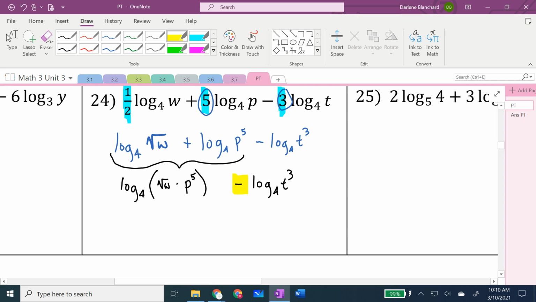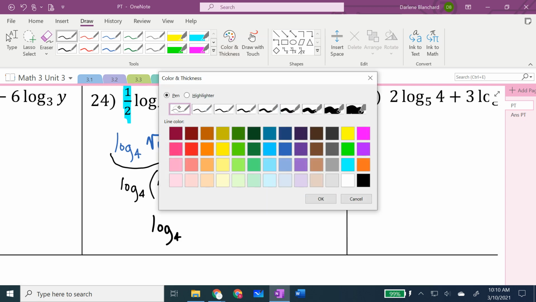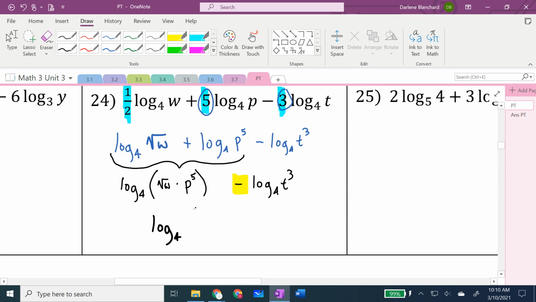Then when I'm dealing with condensing the subtraction, I'm going to turn that into division. So I have log base 4 of the numerator, square root of w times p to the 5th power. The denominator is t to the 3rd power.